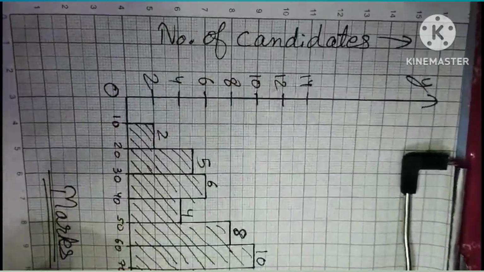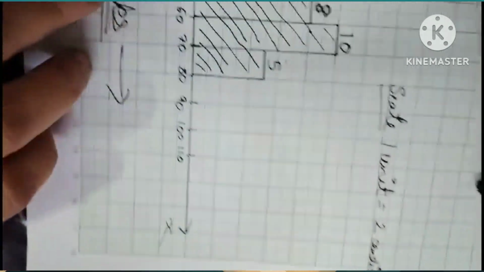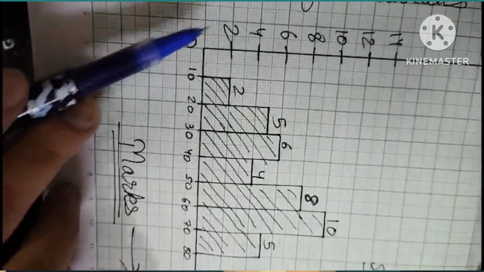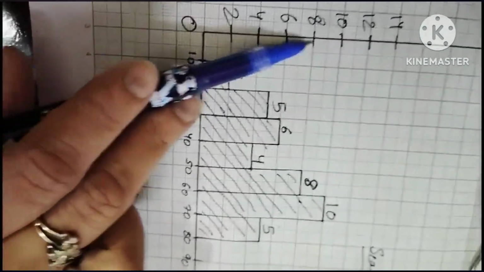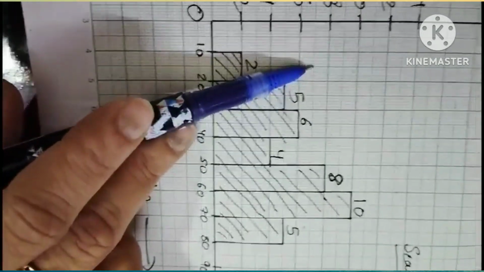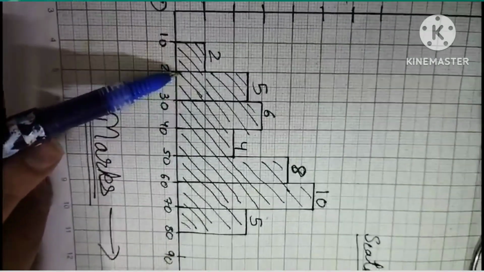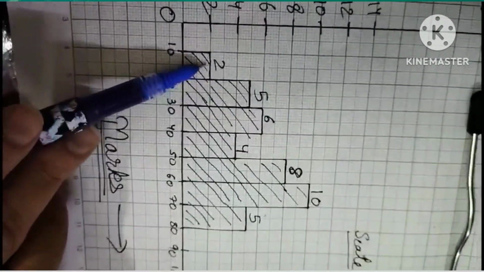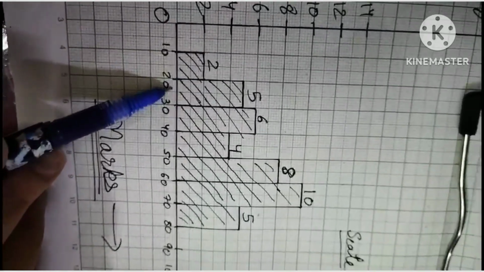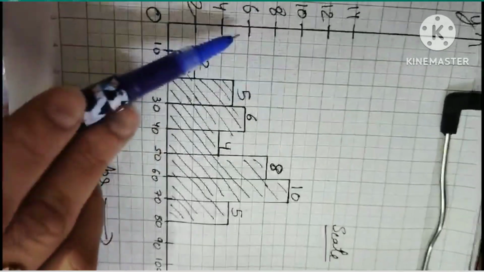Now what is the scale here? The scale is 1 unit equals 2 candidates. In this we are putting 0 to 2, 2 to 4, 4 to 6, 6 to 8, 10 to 12 and 14. Now draw the rectangles with bases 10 to 20, 20 to 30, etc., and the heights represented by the corresponding frequencies.